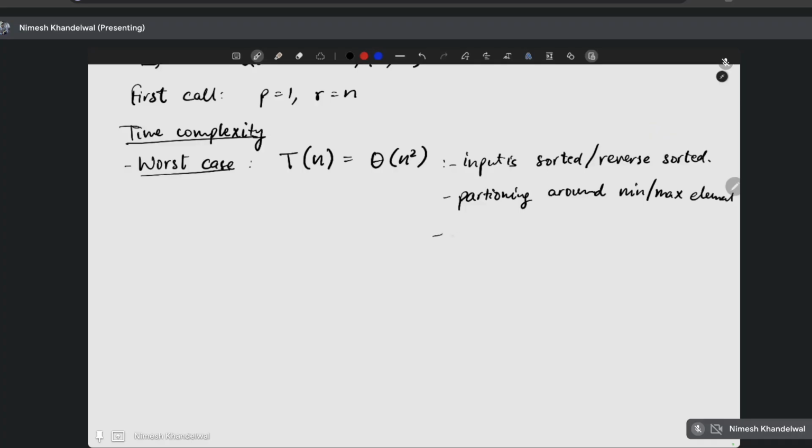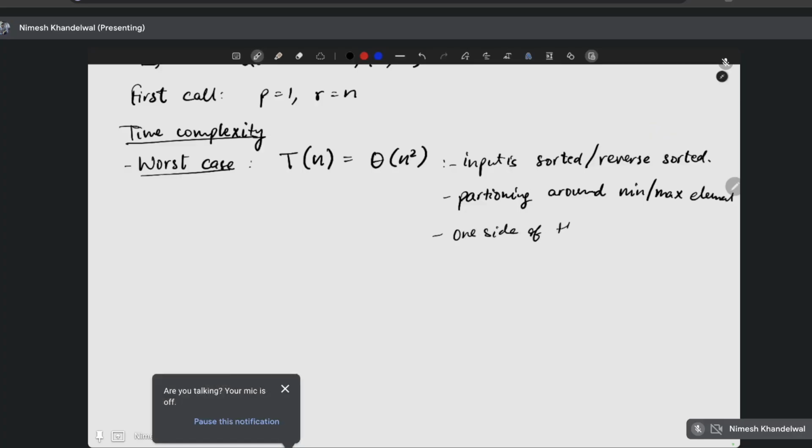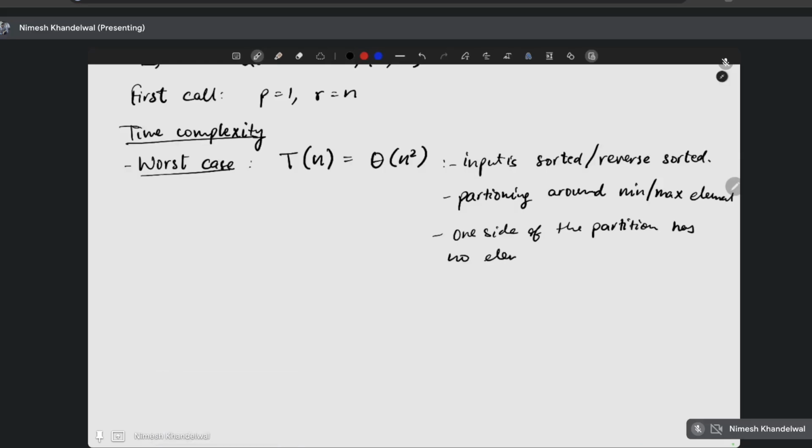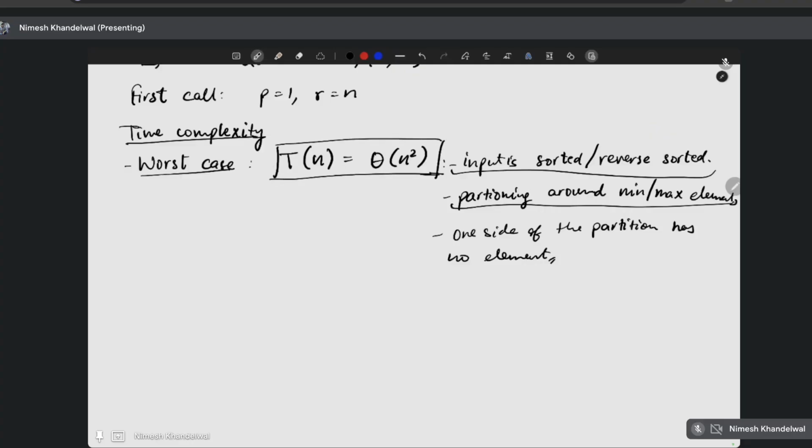Or one side of the partition has no element, and that keeps happening every time. That will happen if these conditions are met. So in that case, the worst case time complexity of quicksort is n squared, right?